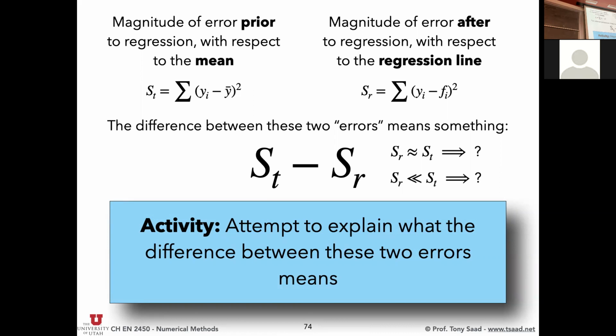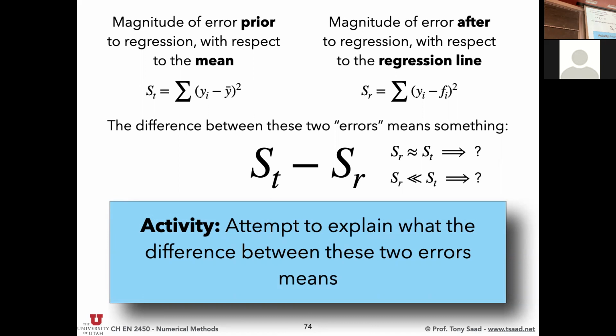And we concluded last time that if SR and ST are comparable, in other words, if the error after you do regression is about the same as the error when using the mean value, then you haven't improved on using the mean value as a model. So regression, no good, is bad, okay? Didn't do anything, didn't improve over using the mean value.